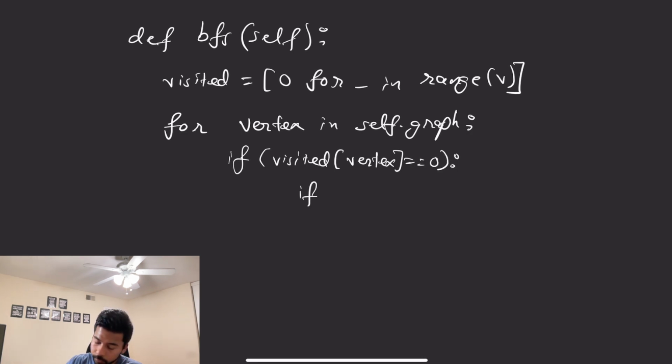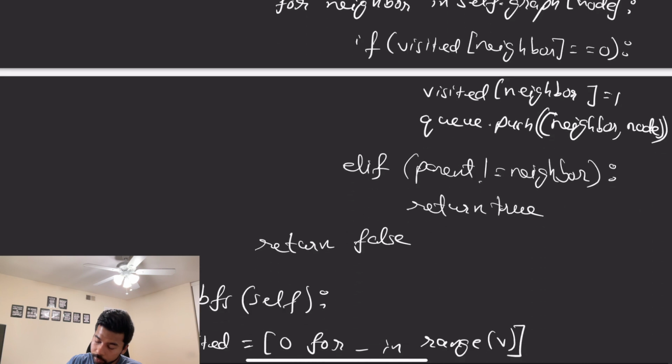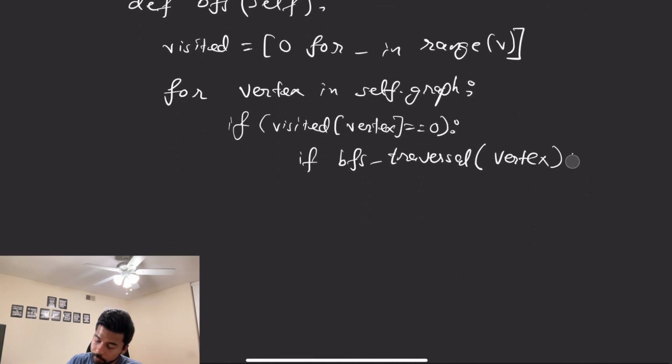If BFS traversal of vertex. We don't need the neighbor because the neighbor is just triggered inside the actual function. Sorry, we need to visit it as well.